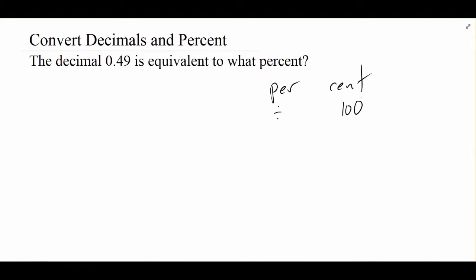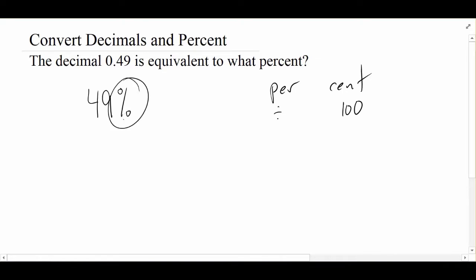So the decimal 0.49 is actually 49%, because that percent sign could be translated as divide by 100. And if you go grab your calculator and take 49 and divide by 100, you get 0.49.